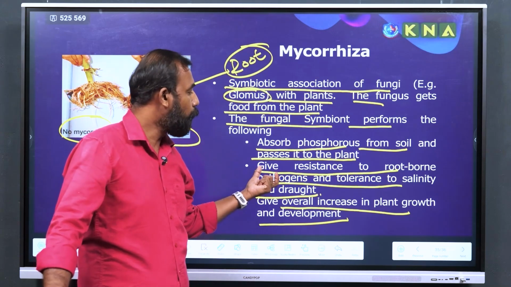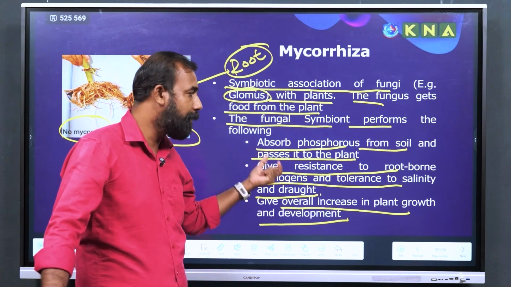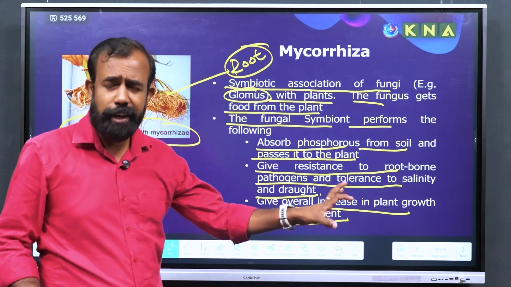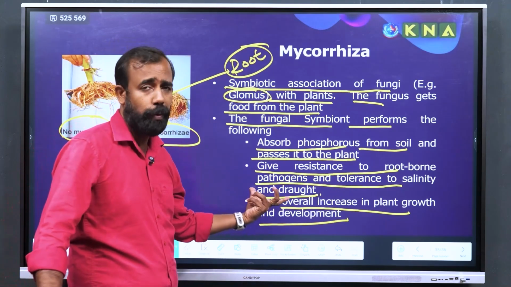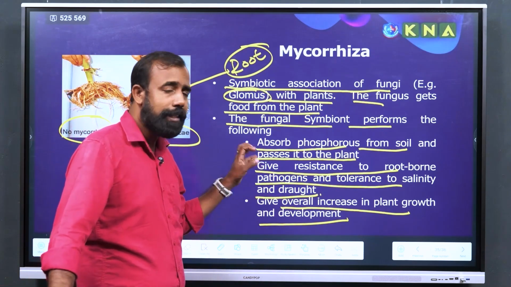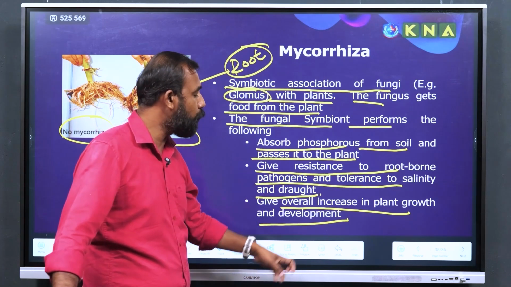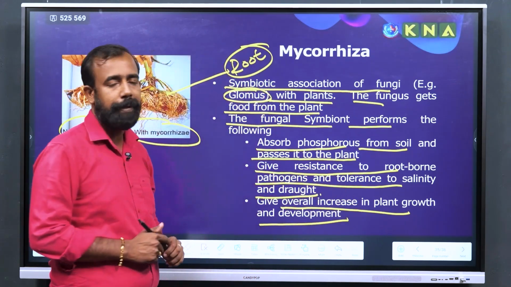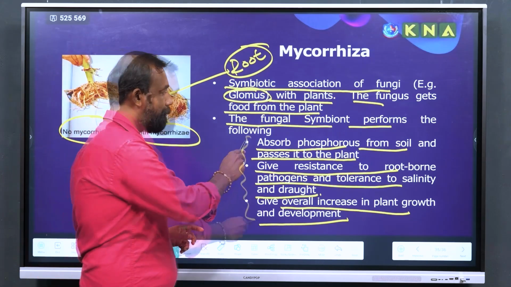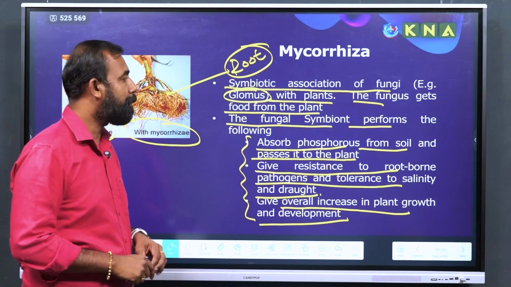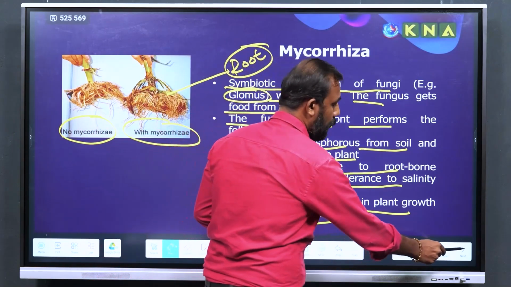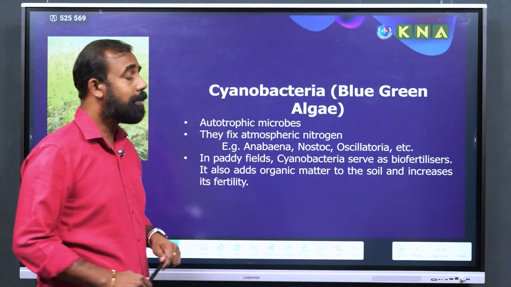Also this fungal symbiont gives resistance to root-borne pathogens and tolerance to salinity and drought, and an overall increase in plant growth and development. So these are the benefits the plant gets from the fungal symbiont. Clear? So mycorrhiza.